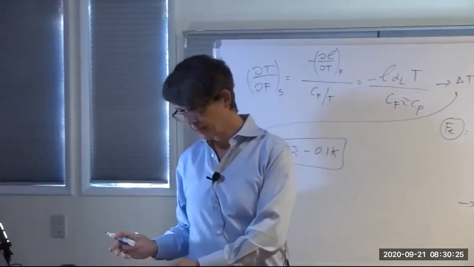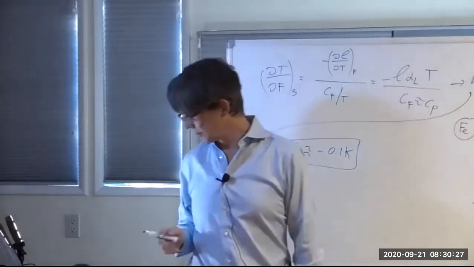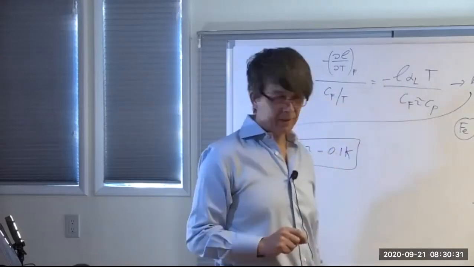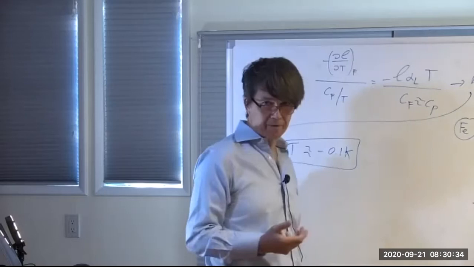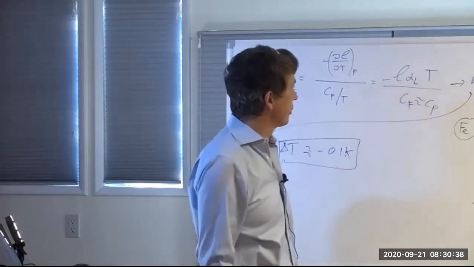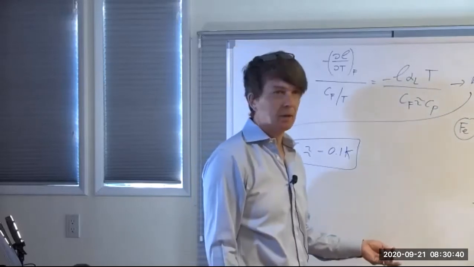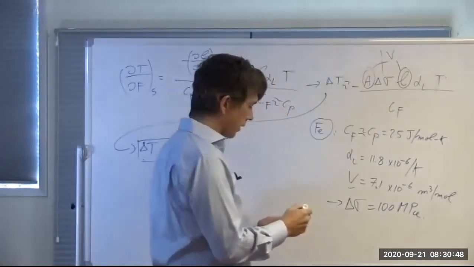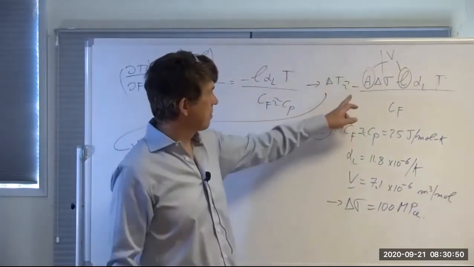So who was right? Well, I guess you were kind of all correct, right? Because I hadn't told you what the thermal expansion was. So what you see is that, sorry, I forgot a minus sign here. There's a minus sign in front here.